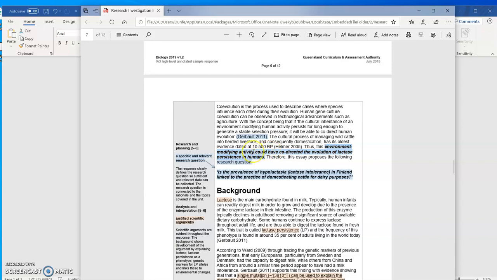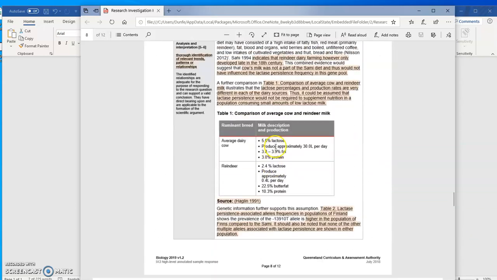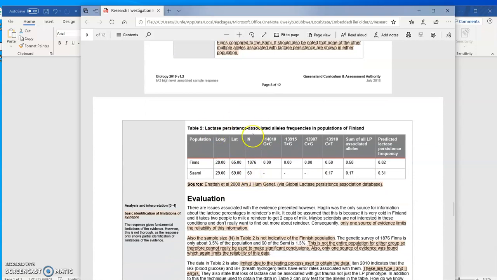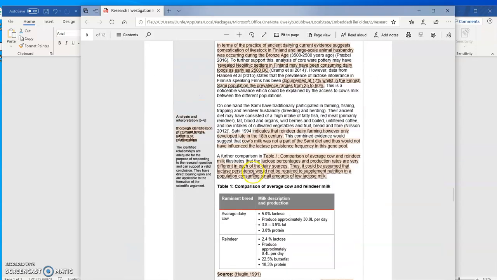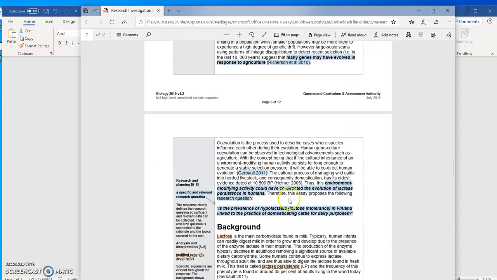piece of information there. They've obviously found this here on lactase persistence in humans, and they've gone, okay, well now I can rewrite my final research question, which is: is the prevalence of lactose intolerance in Finland linked to the practice of domesticating cattle for dairy purposes?